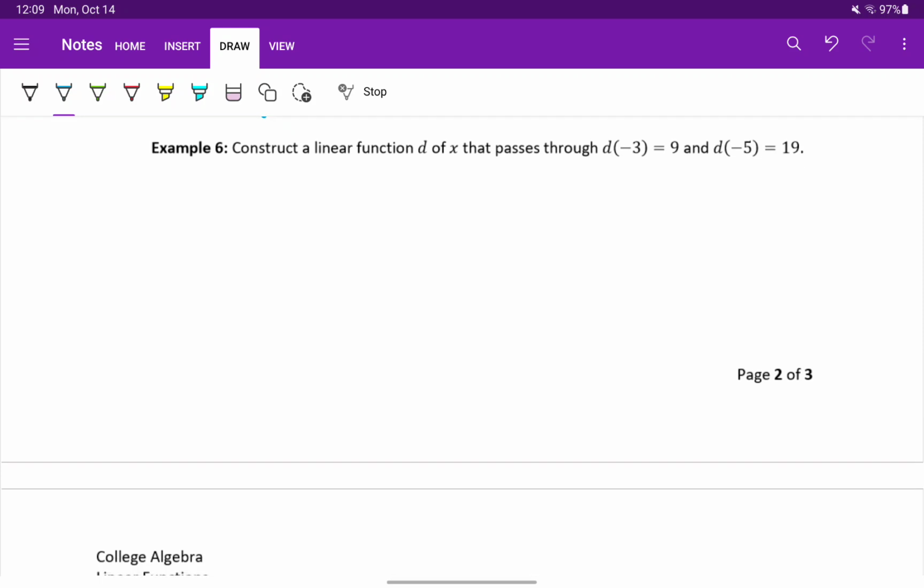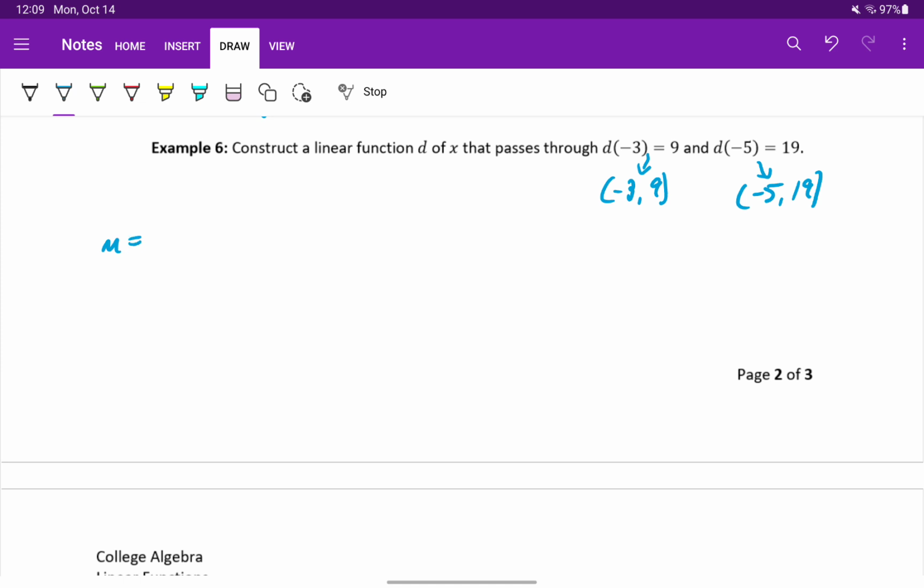In example 6, we're repeating that same process, just given different starting information. The first thing we need to do is translate this function notation information into our 2 coordinate pairs. This will be the pair x equals -3, y equals 9, and the coordinate pair (-5, 19).